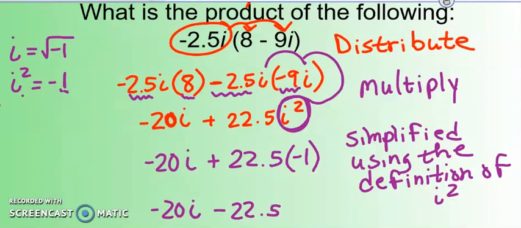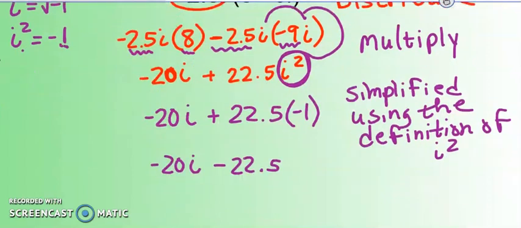All right. And then the very last thing is, if you remember back, we've never written anything with the bi in the front. We always had the a first, and then the bi second. And if you look at it, this is your a, this is your bi, so we need to flip it around so that it's in the right order.